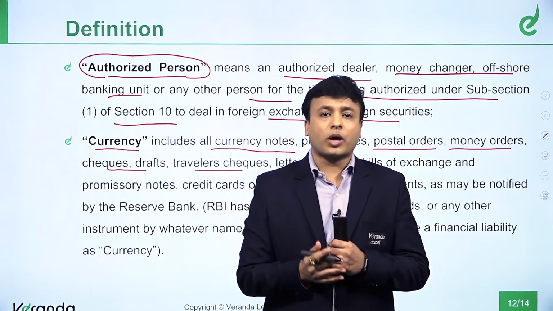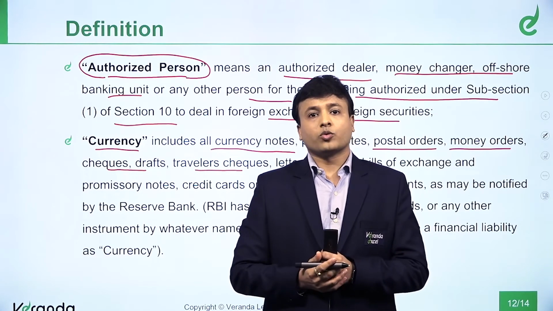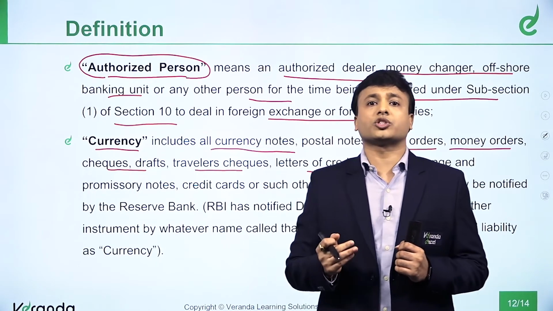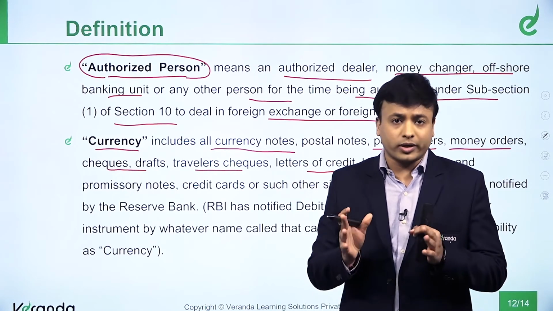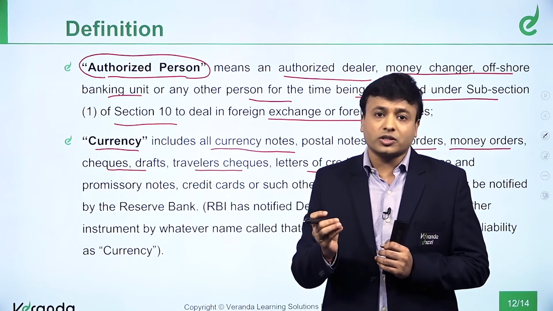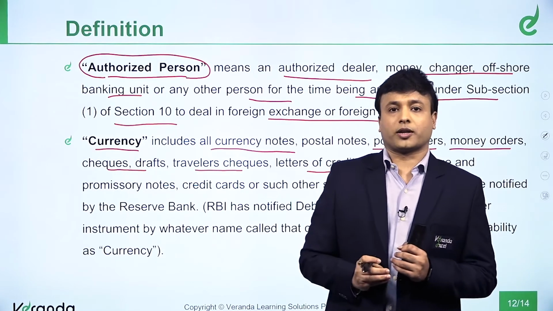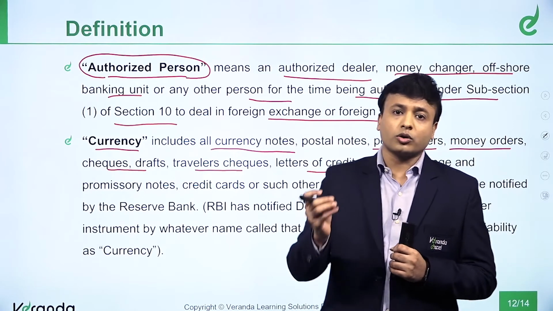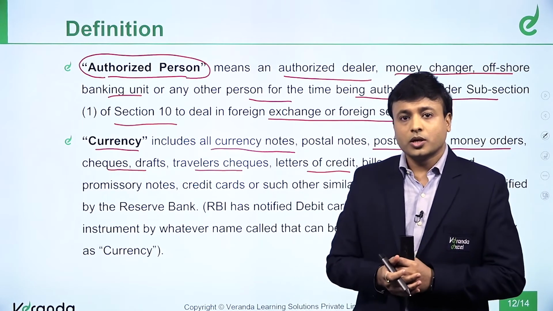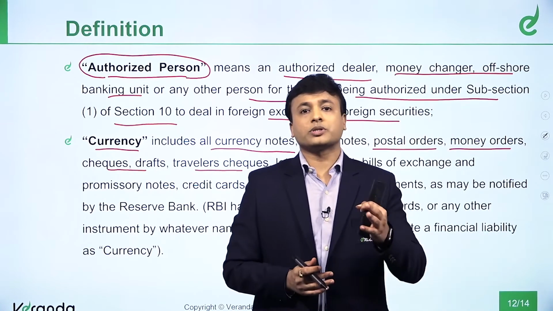See, previously what used to happen, if I am traveling to London, I go to the bank and I get a traveler's check of 1 lakh. I get a traveler's check of 5,000 USD, whatever it is. So this traveler's check I will use when I travel to the specific country. Now we have the concept of forex cards. What are forex cards? You're traveling to London. So before traveling to London, you approach Axis Bank.